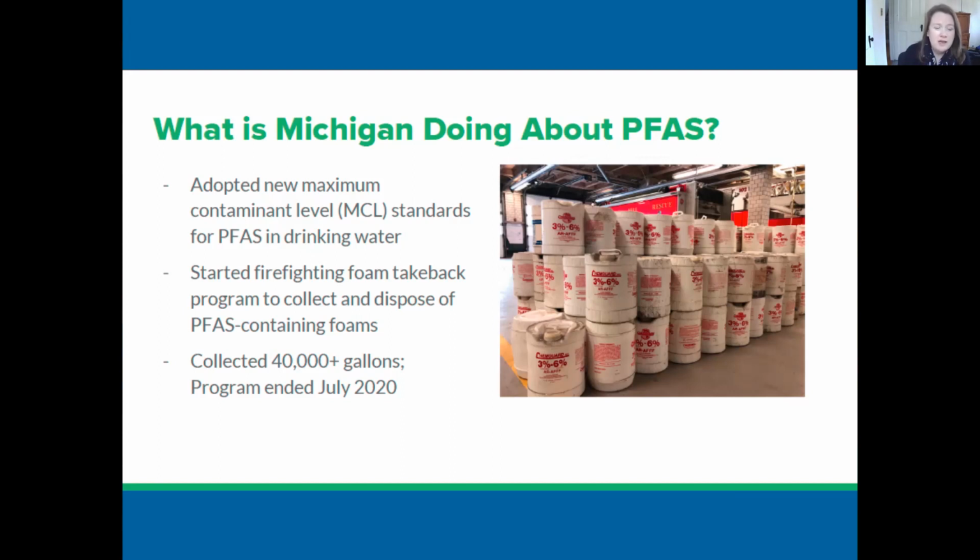The funding for this program would have to be re-upped, but there is a policy on the books that would allow us, if there's funding, to jumpstart this program again. So that's incredibly important, to make sure that those foams aren't being used by our firefighters, both to protect their health and to protect the health of the communities around them.